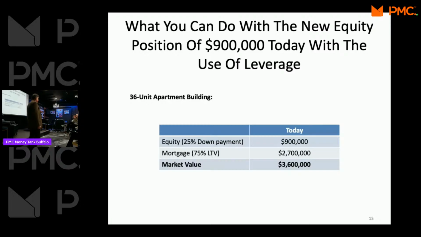Now, whether it's one deal or multiple deals, and they can be anywhere in the United States, the point is, from a money manager's point of view, you just took your 900,000 of value, and now you can control $3.6 million of value through the use of a 1031 exchange, which is a whole different topic, guys, and the use of leverage.